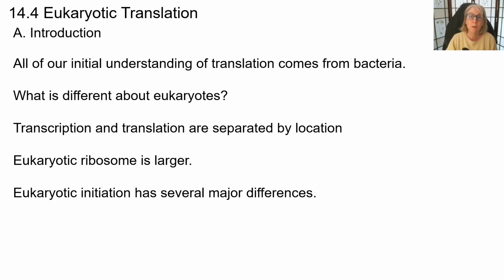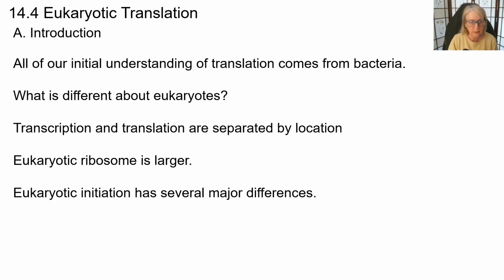You transcribe, then you cap and tail and take out all of the introns and splice together the exons and then export the final mRNA to a ribosome, which is in a different location in the cell. The ribosome for the eukaryotes is larger. It's an 80S ribosome.